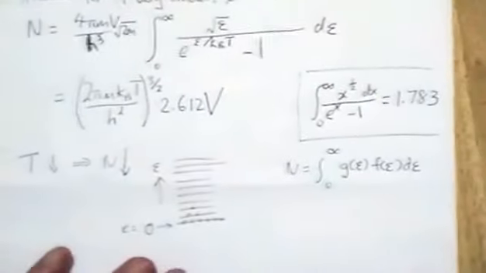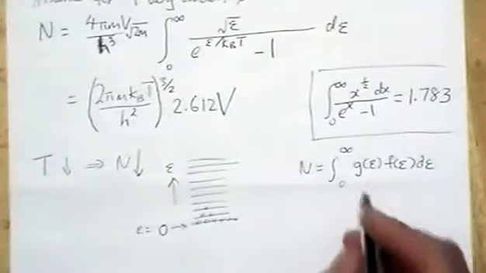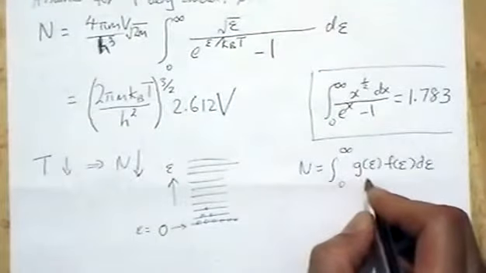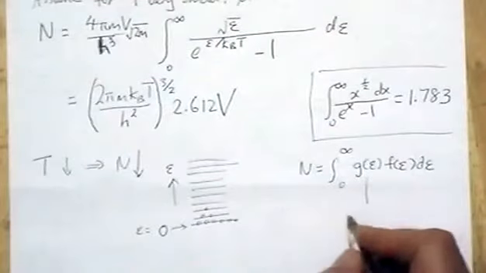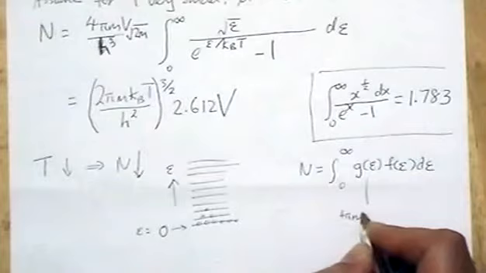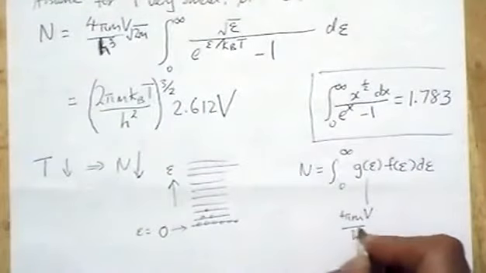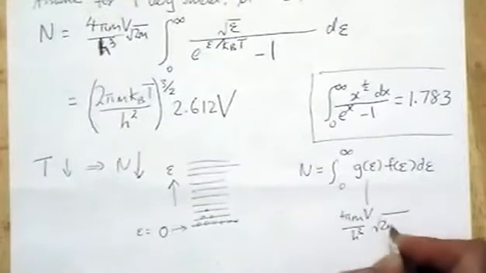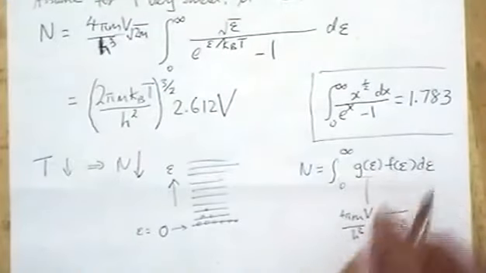Now, let's remember the expression for the density of states. That's 4 pi m V over h cubed, square root of 2mE. That's the density of states.